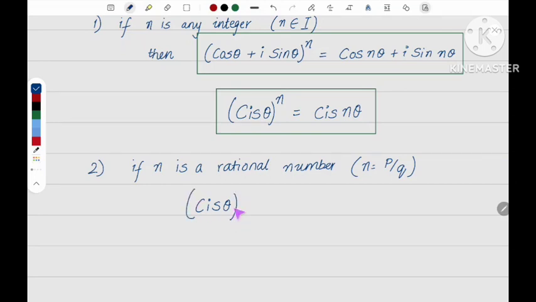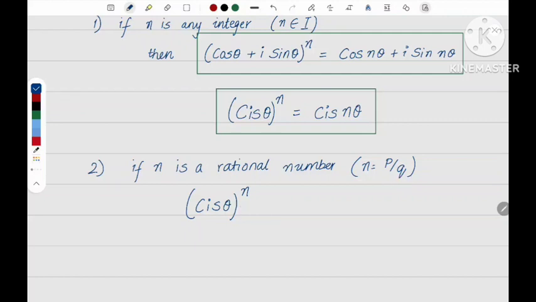So when I raise cis theta to the power n, since n is a rational number, n is equal to p by q. So the value of this cis theta to the power n will not be a single value. Basically, cis theta to the power n will have q values.